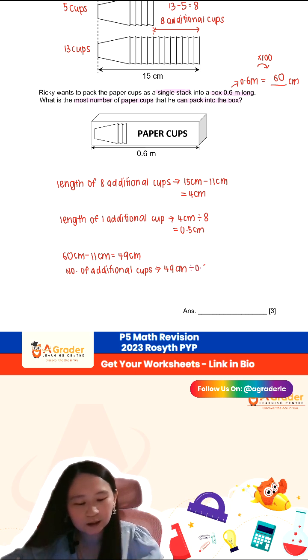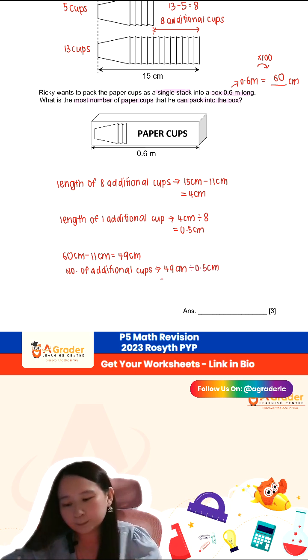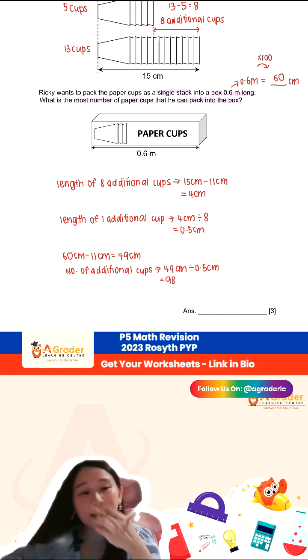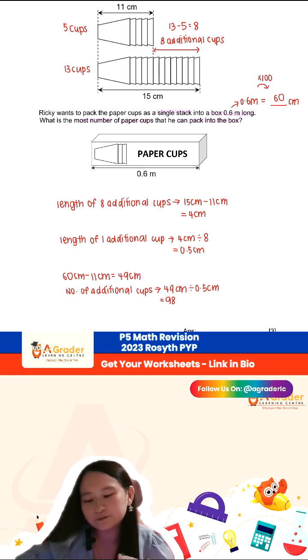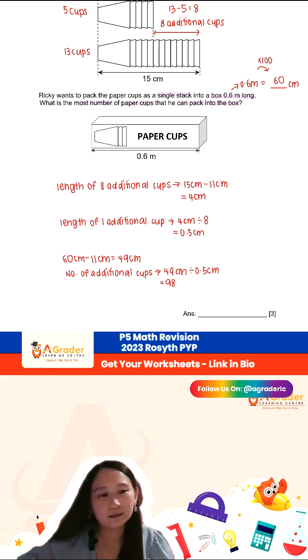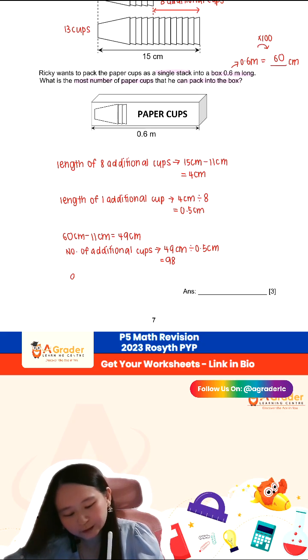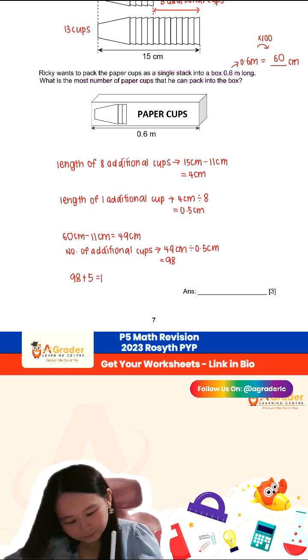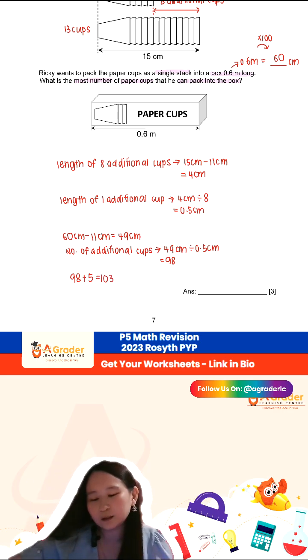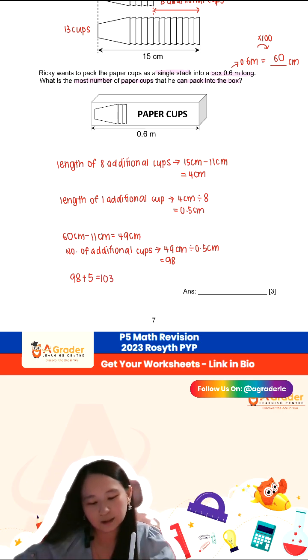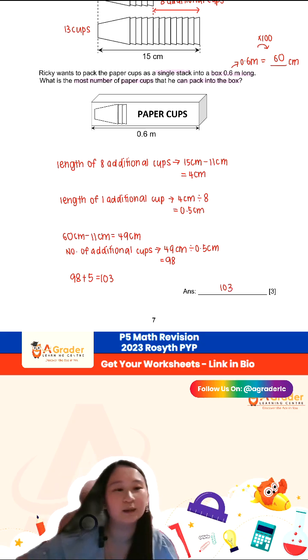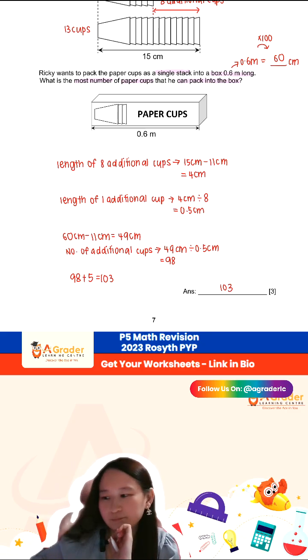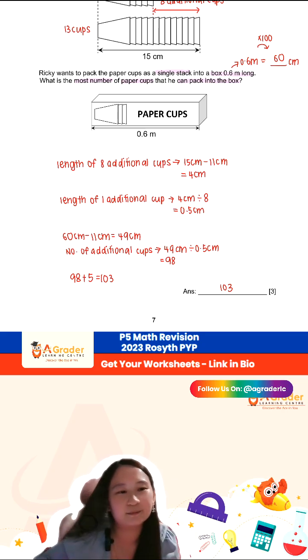Each additional cup will take 0.5 cm. So we can add another 98 cups in this 5 cup stack. So don't forget to add back this 5 cups. So for a 60 centimeter long box, he can put 103 cups. So those who got the answer as 103 is correct.